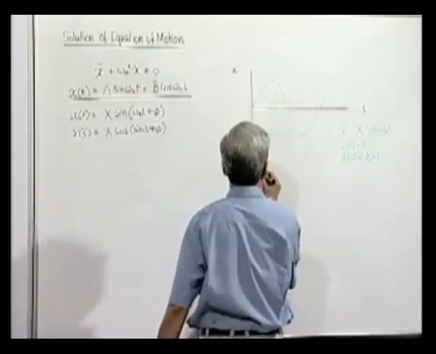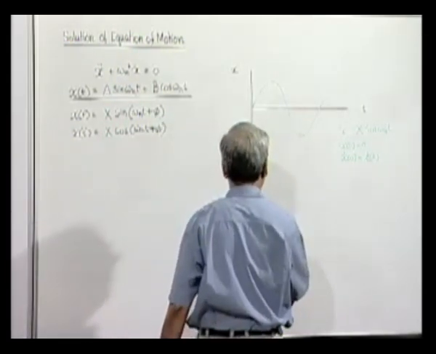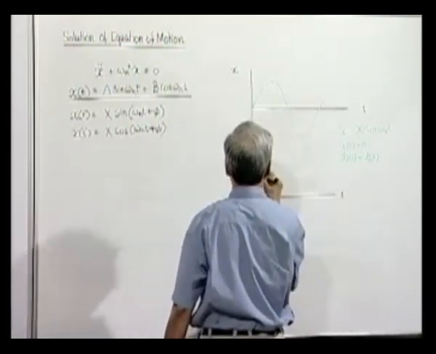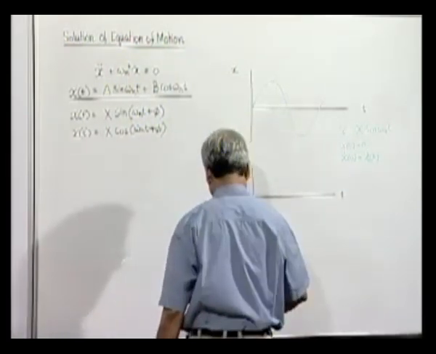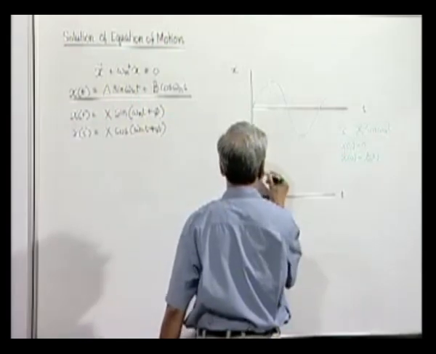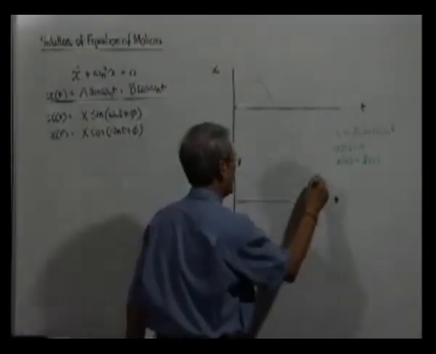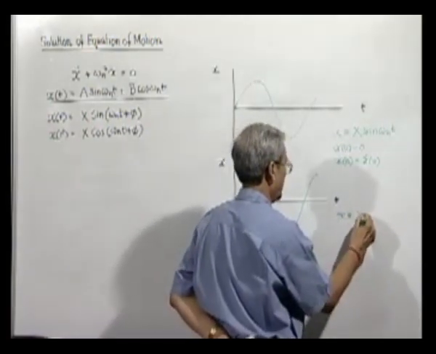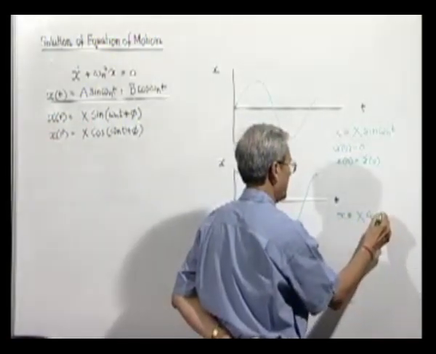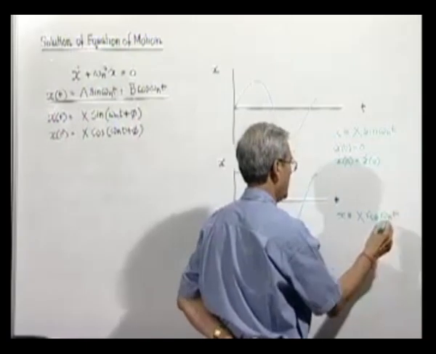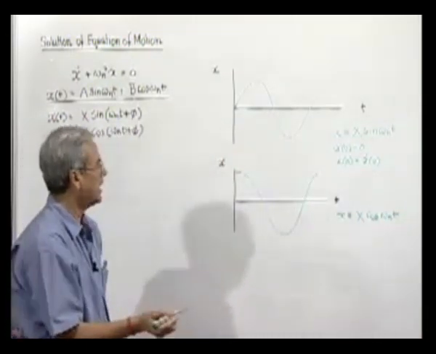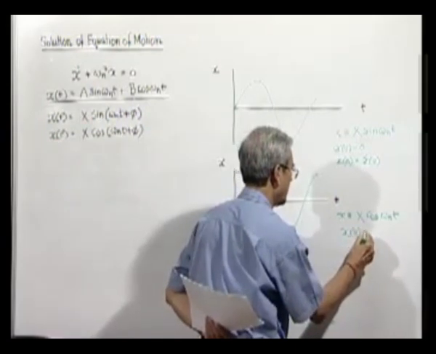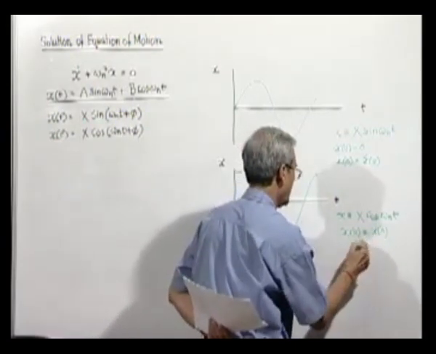Similarly, it is possible to have the solution like this, where x will be X, and this is the case we get when we initially start with some displacement but no velocity.